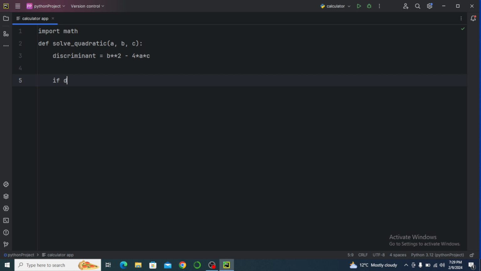If discriminant is greater than 0, then we can say our root 1 is equal to minus b plus, sorry, I made a mistake there, minus b plus math dot sqrt, into brackets the discriminant.